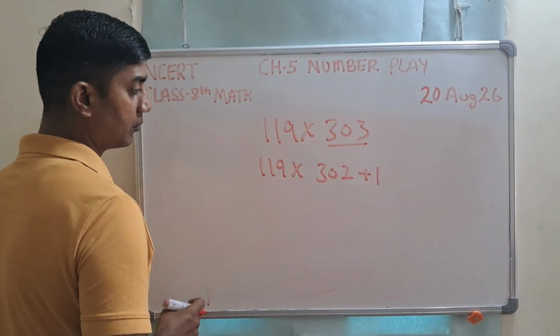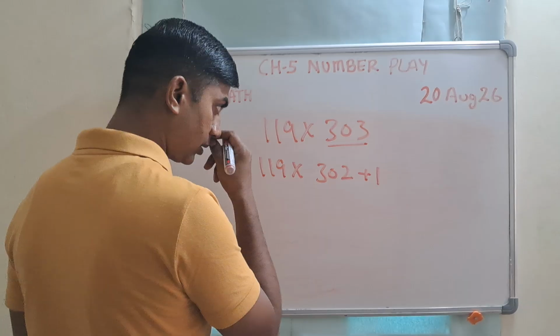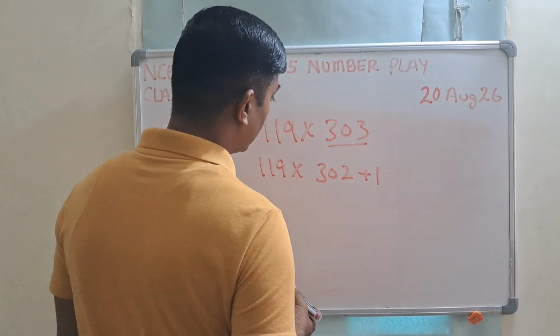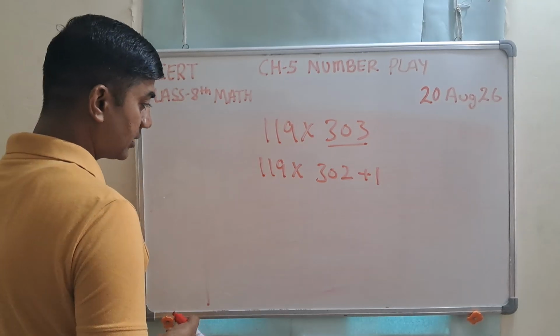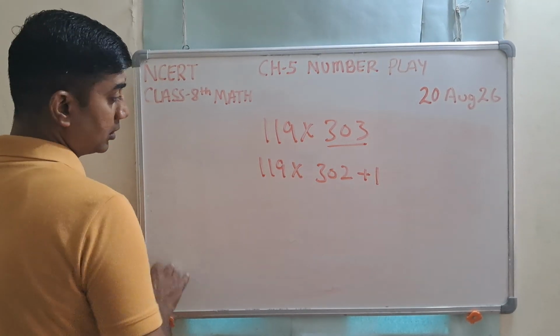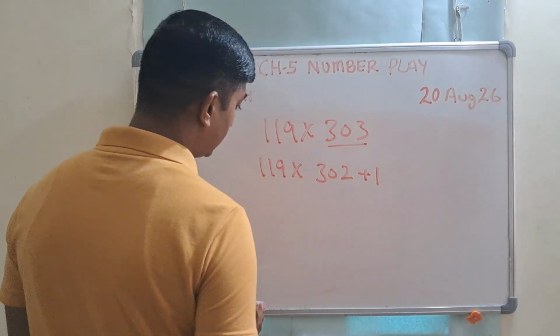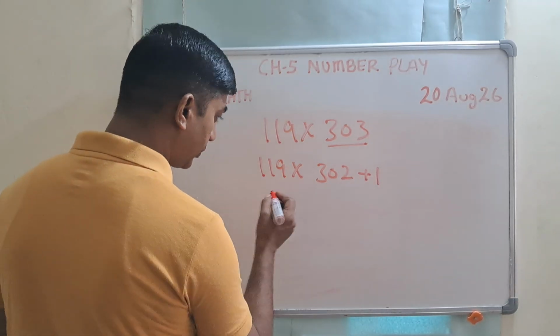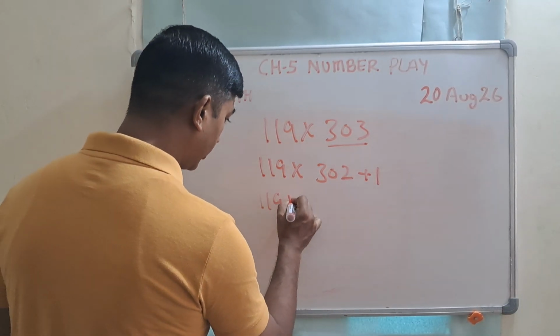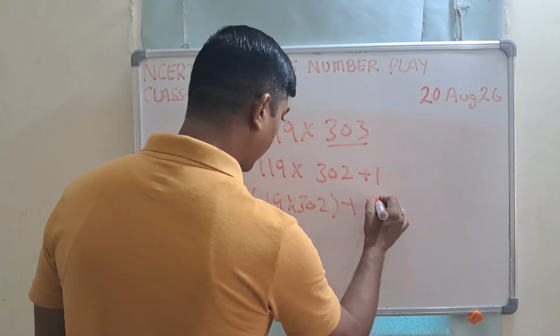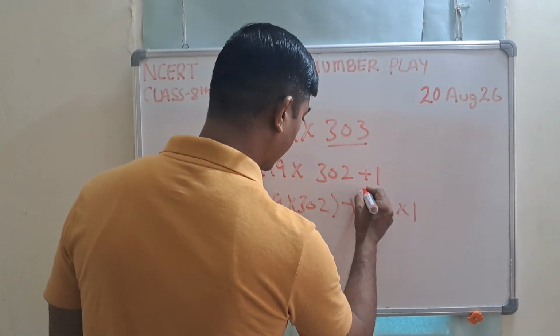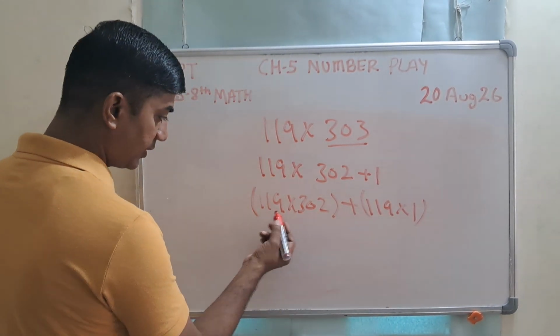We have split this number, just to let you know what the result will be and how that result comes. Now see, when we multiply, we can split it here: 119 into 302 plus 119 into 1. Right? Now what result will we get?